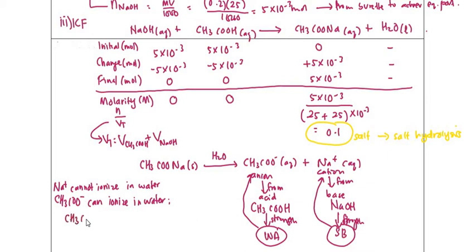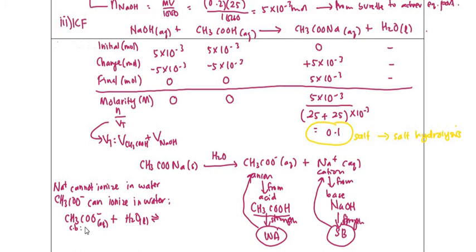So CH3COO minus can ionize, that means it reacts with H2O to produce, okay, the phase is aqueous, this is liquid. Okay, CH3COOH is a weak acid. That means this ion is the conjugate base.